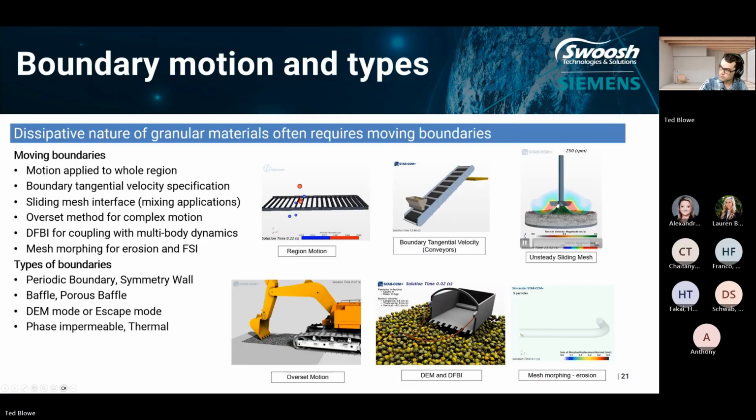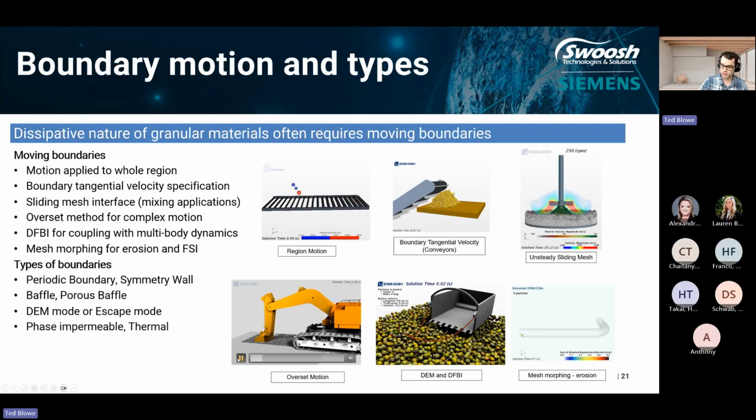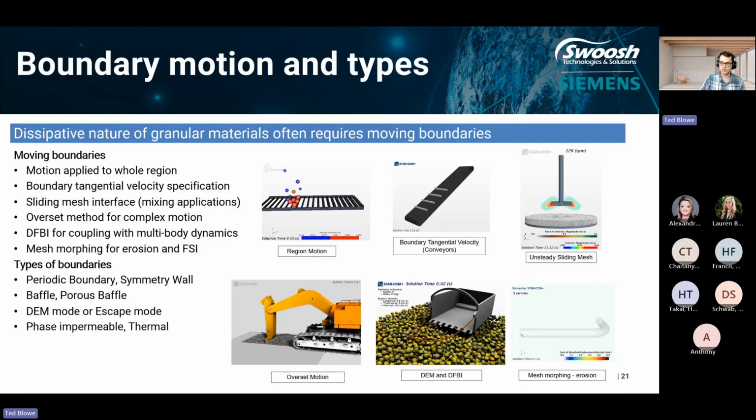You have a static mesh that's rotating about this axis, and then outside of this region, you can't see it in this video, but it's there. You could also use an AMR approach. But basically, DEM is compatible with rigid body motion. It's compatible with overset mesh, where you have translation plus rotation.